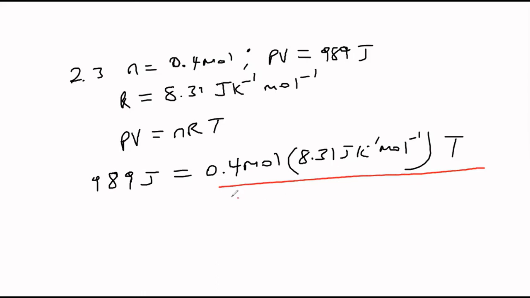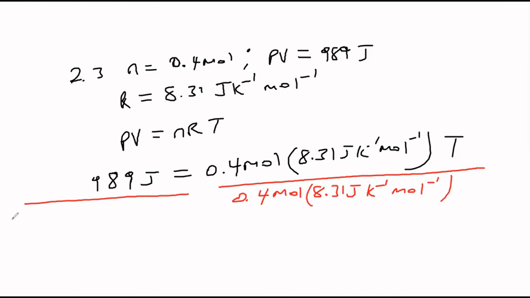To make T the subject of the formula, we divide by 0.4 mole times 8.31 joules per Kelvin per mole. What you do on the left hand side, we also do on the right hand side. We divide by 0.4 mole times 8.31 joules per Kelvin per mole.